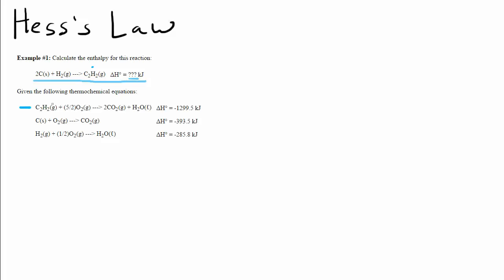So basically, we need to modify this equation so that the C2H2 is in the same spot as in our original reaction. In the original reaction, the C2H2 is the product, so in this partial reaction we have to make it a product as well. So I'm going to rewrite that reaction so that it's in the right order: 2CO2, and H2O.